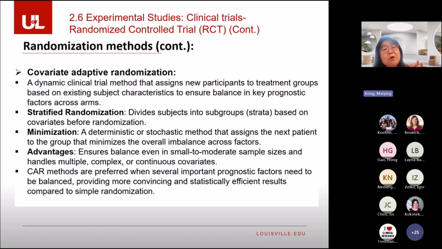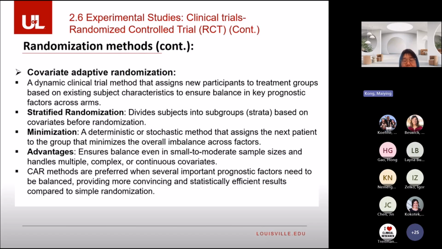If we have more prognostic factors identified, we may use the minimization method. It is a deterministic or stochastic method that assigns the next patient to the group that minimizes the overall imbalance across different variables.